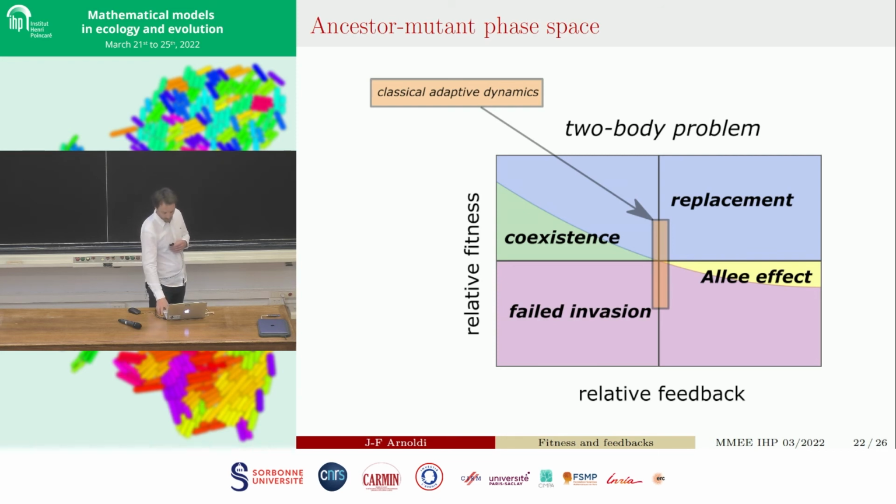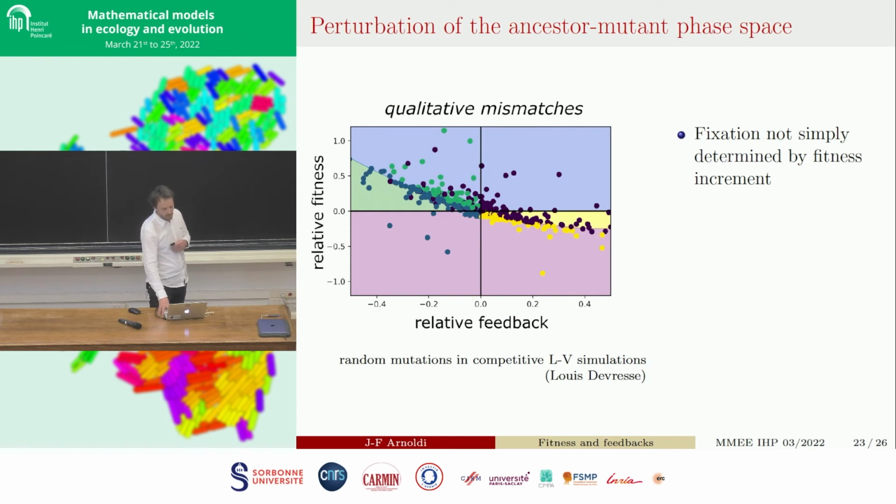But in general, not necessarily. And what we did is to try to show that due to the complexity of the community, if epsilon is not absolutely 0, the dynamical nature of the environment, the community, can create qualitative mismatch, can push away from this two-body problem.